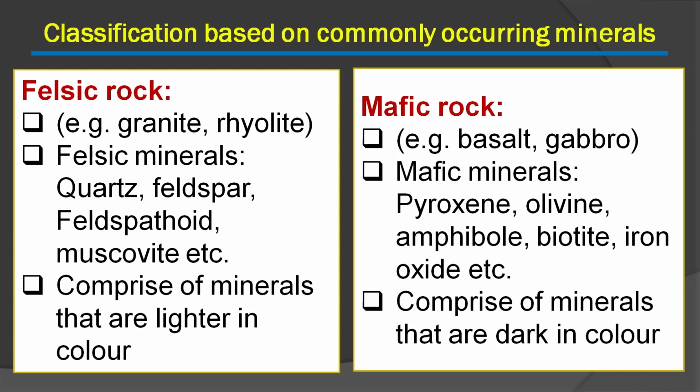For mafic rocks, common examples are basalt and gabbro. Mafic minerals present are pyroxene, olivine, amphibole, biotite, iron oxide, etc., and these minerals tend to have dark color. So felsic rocks are usually lighter colored and mafic rocks are usually dark in color.